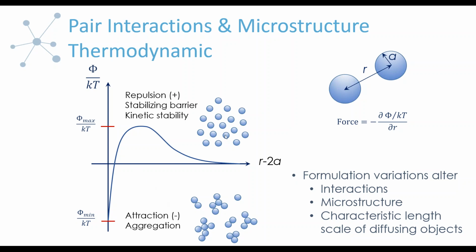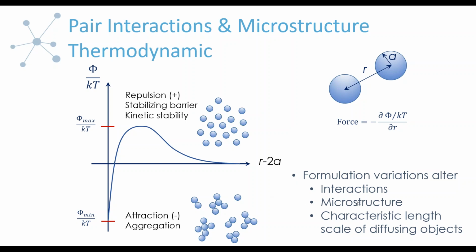And so the point I really want to make here is that as you adjust the formulation, you adjust the magnitude of this repulsion, which is actually to stabilize and maintain mainly primary units. Then you can adjust the height of this, and if you're reducing it, then you have more likelihood that these primary units will fall into clusters or aggregates.